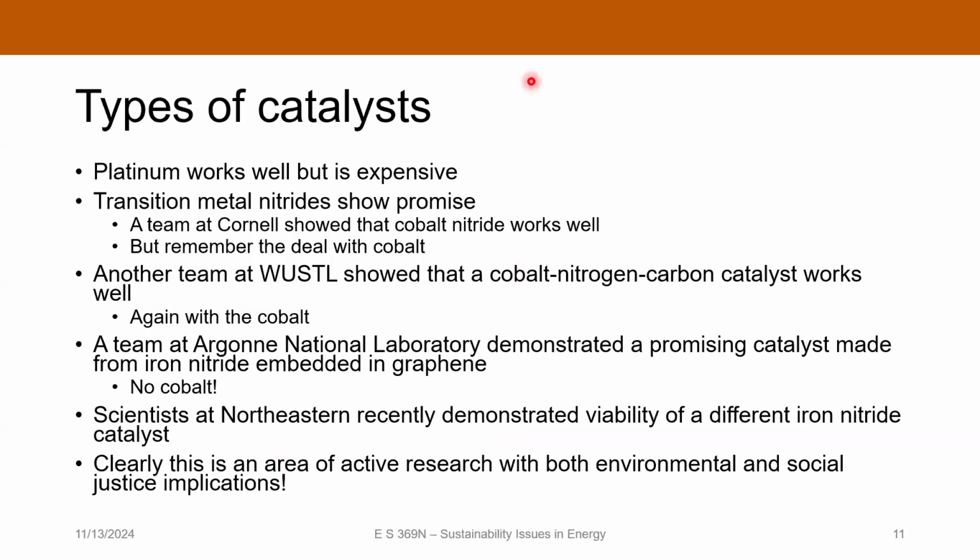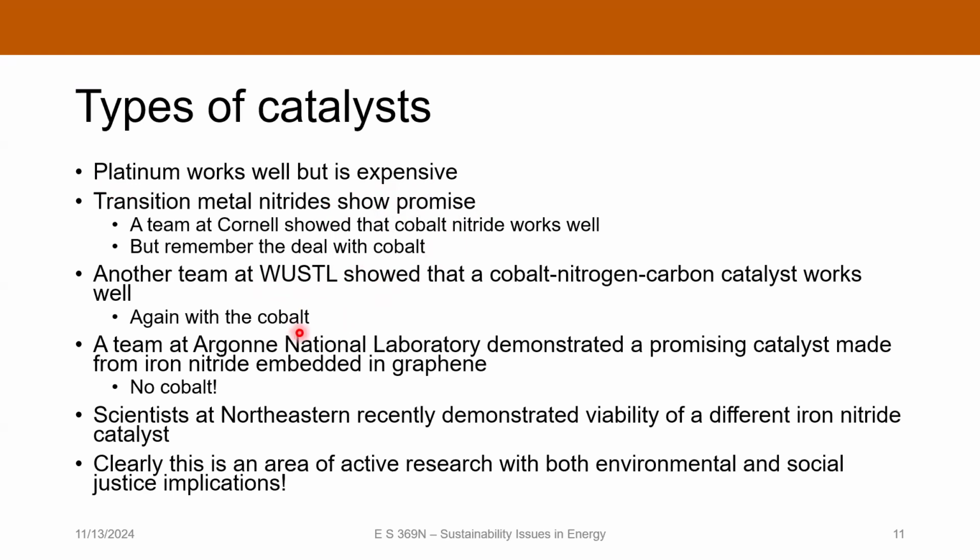Okay, the other thing we have to think about with these fuel cells is the catalysts. A lot of them use platinum. That is expensive, and if you're deploying these at utility scale, that's some money you have to put in. There are chemicals called transition metal nitrides, including cobalt nitride. So we can start using cobalt for this, though remember the issues with cobalt. Washington University in St. Louis has another cobalt-based catalyst.